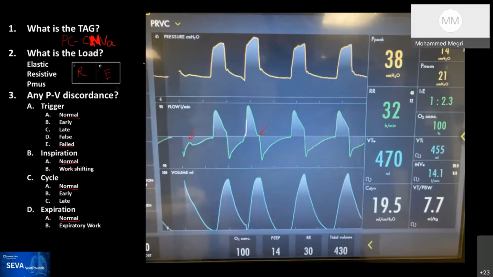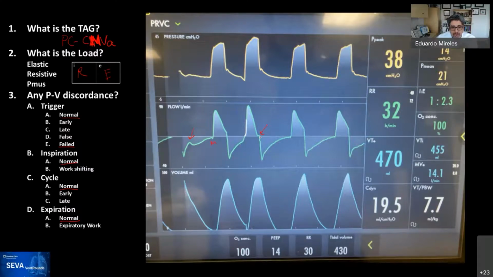No problem. All righty, so let's get started. Pressure control, we agree with that definitely. There's not one of these flows that has been controlled by anything, so the pressure is being controlled. Mandatory breaths, yes. This is triggered by the machine, so that's a mandatory breath.